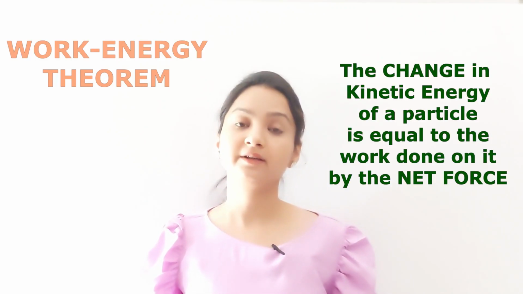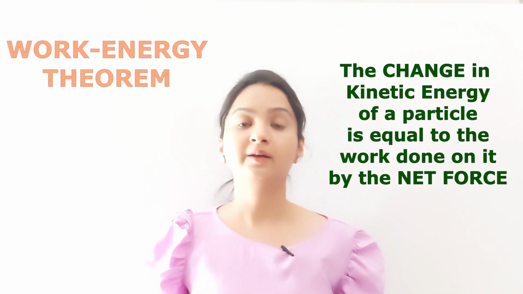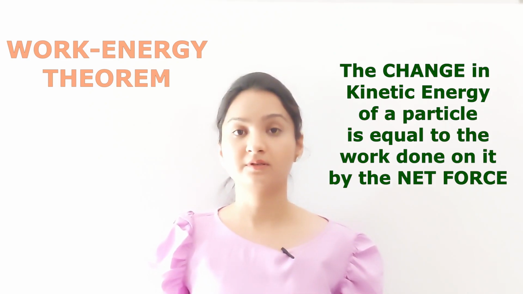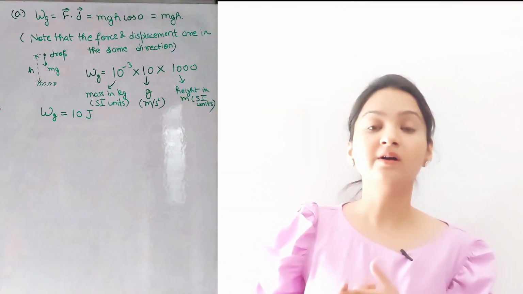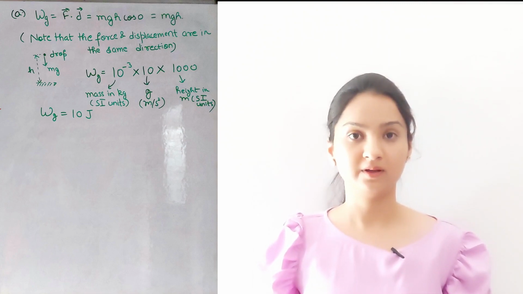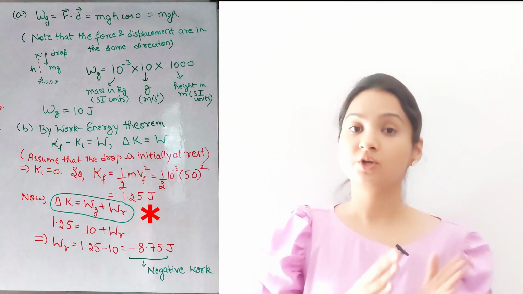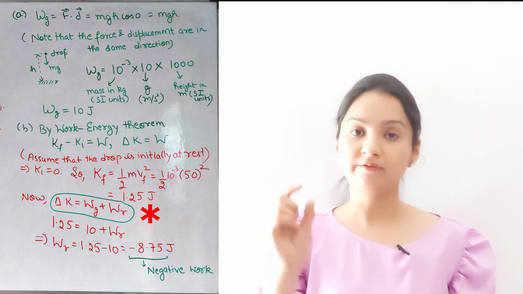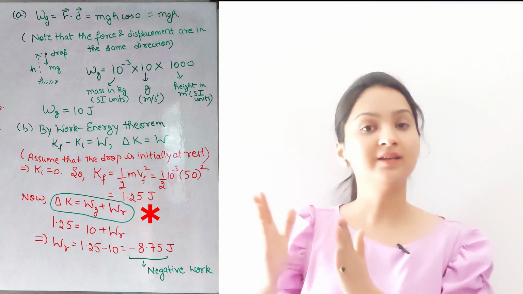So for this you have to employ your work energy theorem, which says that the change in kinetic energy of a particle is equal to the work done by the net force. So work done by gravitational force has already been calculated by you. Another work is by the resistive force. So change in kinetic energy of this drop will be equal to the work done by the net force.